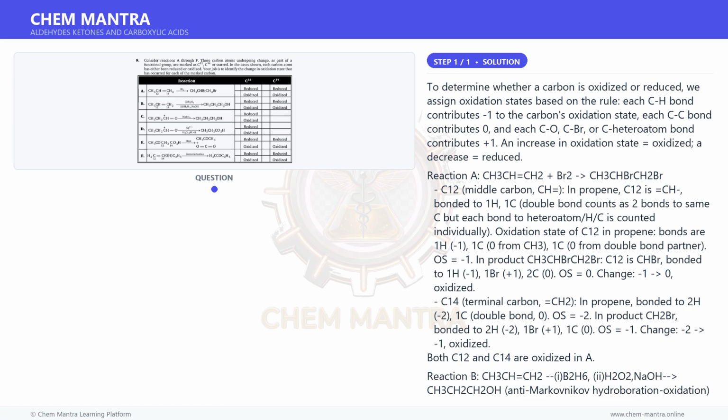C14, the enol C-O, using the standard method: each bond to O gives +1, each bond to H gives -1, each bond to C gives 0. C14 in enol: 1 bond to O, +1, 1 bond to C12 via double bond, treated as 2 bonds, 0 each, 1 bond to C2H5, 0. Total +1.